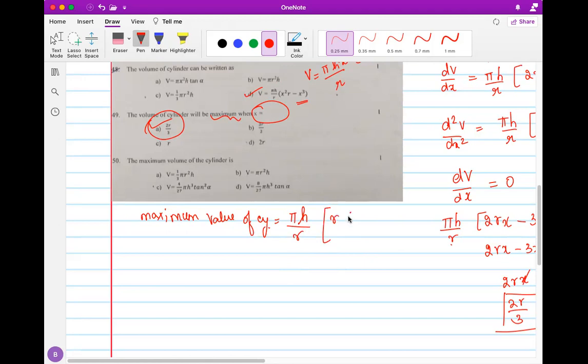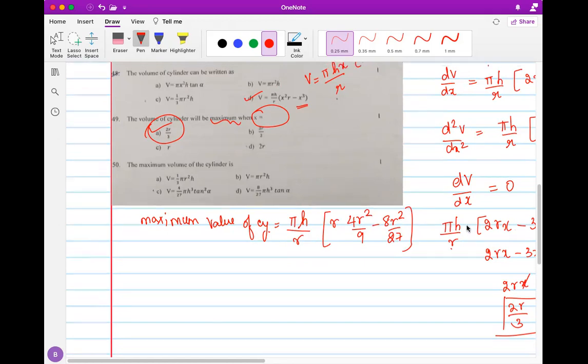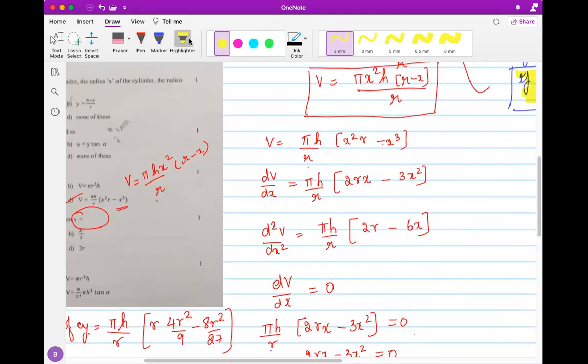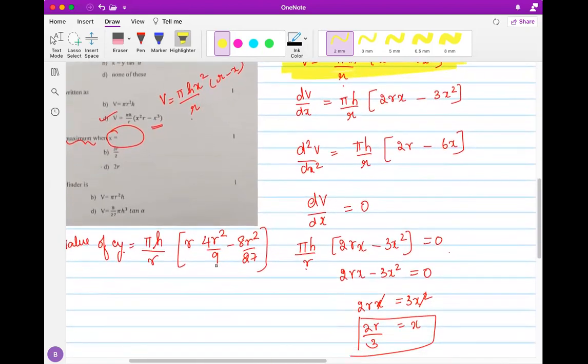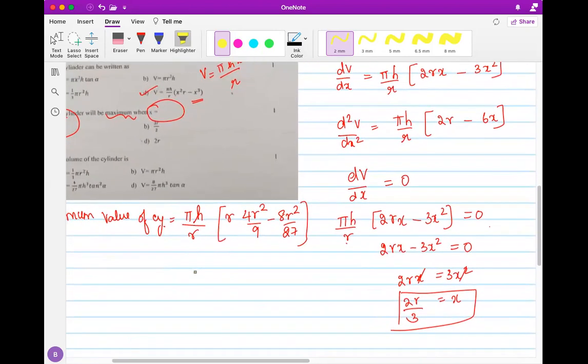Now r into 4r square by 9 minus 8r cube by 27. We are going to substitute in the initial equation, that is V is equal to, which is the initial equation. Wherever you find x, you just substitute, and then you get this value.